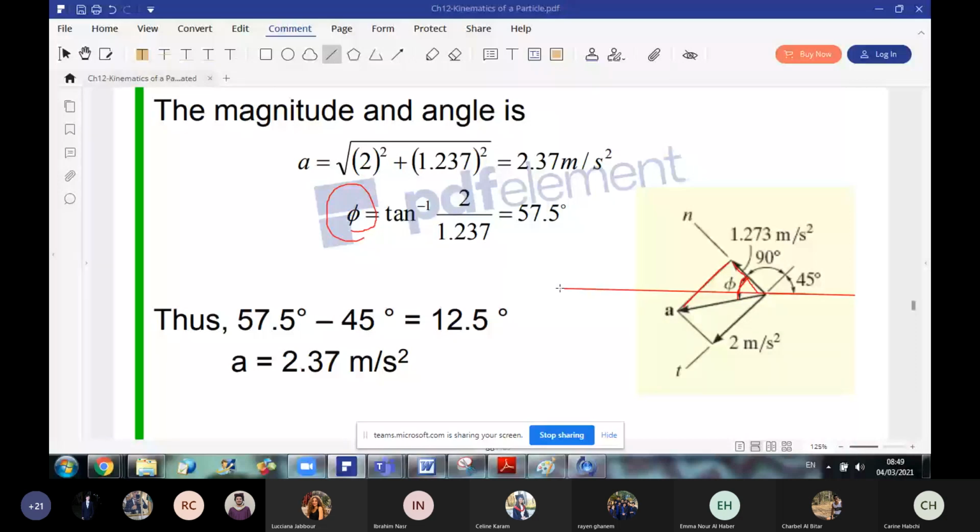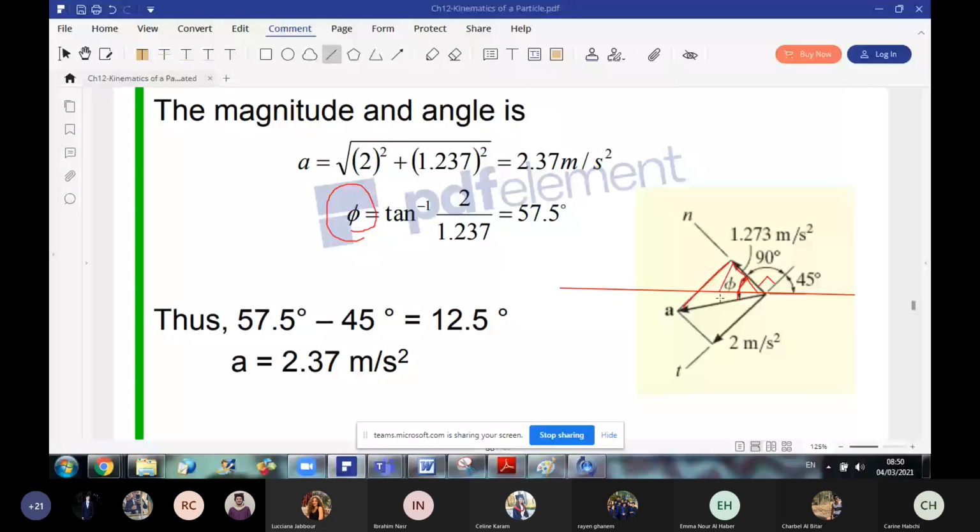And already I know that UT is making an angle of 45 with the horizontal, okay? So since UT is making 45 with the horizontal, and UT is perpendicular to UN, meaning here I have 90 degrees, the angle from this side between UN and the horizontal will also be 45. Right? So this is 45 degrees here.